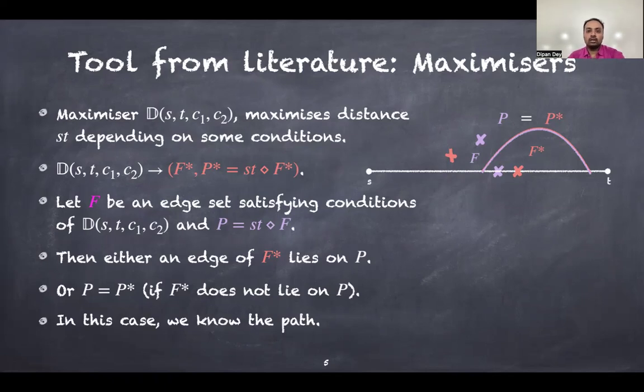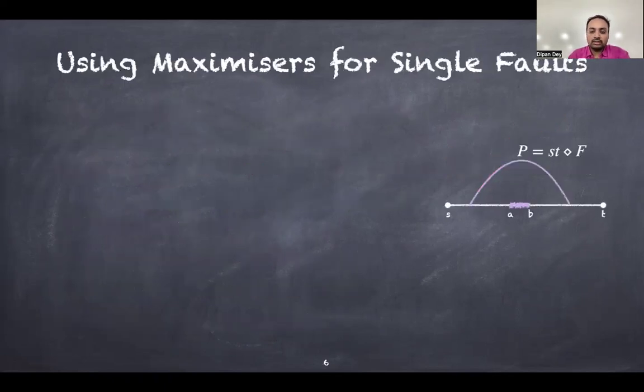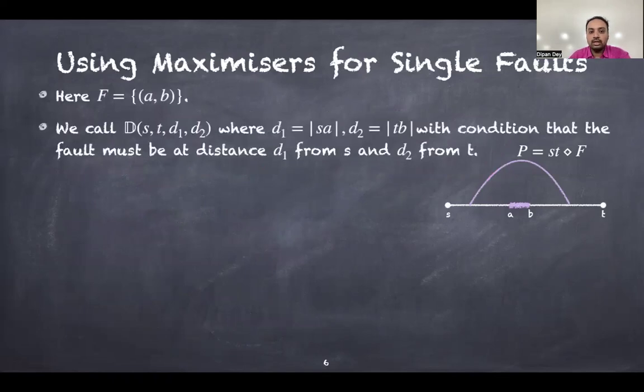Now let us use these maximizers for single faults. Suppose we have to find the path from S to T after avoiding the single fault AB.